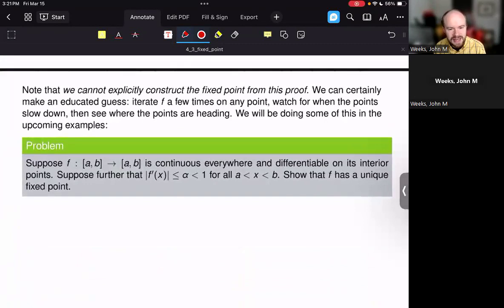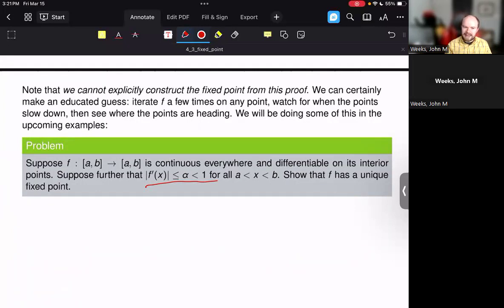But first, let's take a look at showing that you can get a unique fixed point for a function f. Let's suppose that f is a function from a closed interval on the reals to itself that is continuous everywhere and differentiable on its interior points. And let's suppose further that the absolute value of the derivative is less than or equal to a constant less than 1 for all values in the interior of its interval.